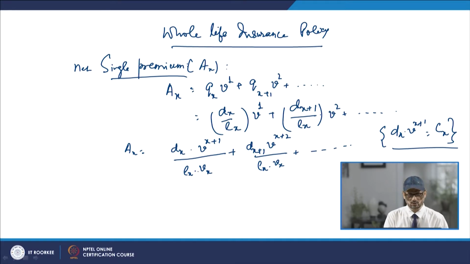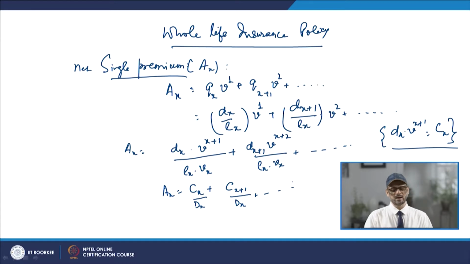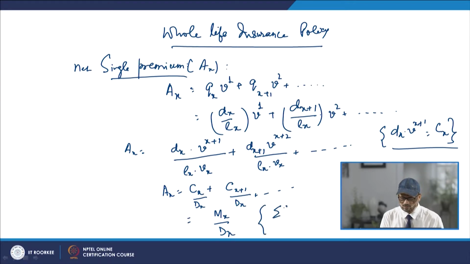So Ax will be Cx by Dx plus Cx+1 by Dx, and it will go like this. The summation of these Cx becomes Mx. So you can write this as Mx upon Dx, because the summation of these Cx becomes Mx.